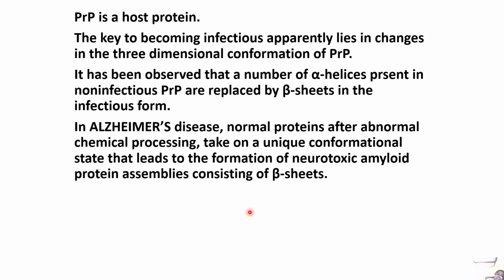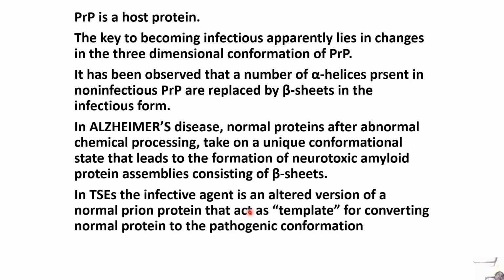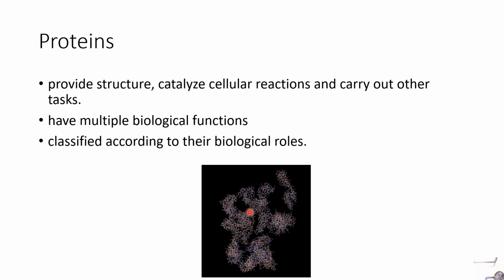In Alzheimer's disease, normal proteins after abnormal chemical processing take on a unique conformational state that leads to the formation of neurotoxic amyloid protein assemblies consisting of beta sheets. And in prion cases, the infective agent is an altered version of a normal prion protein that acts as a template for converting normal protein to the pathogenic conformation.